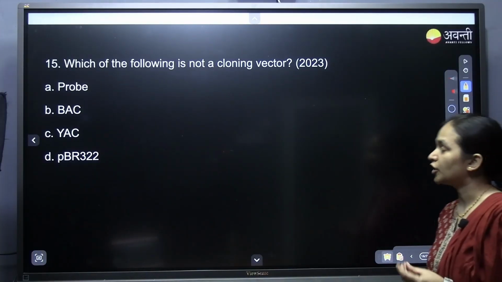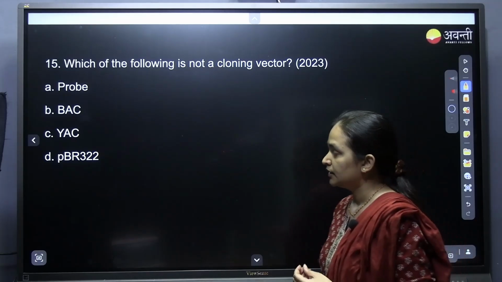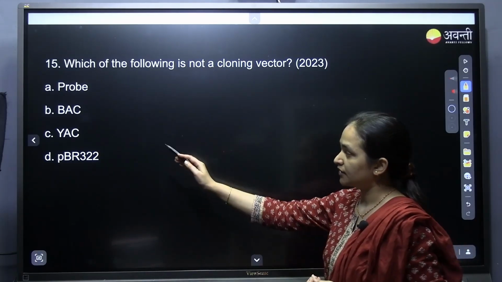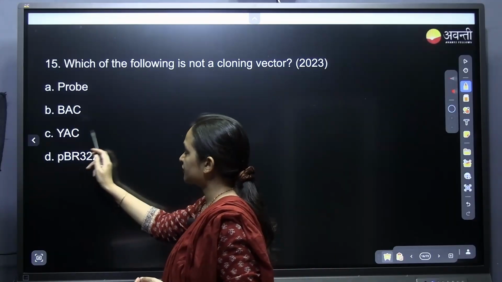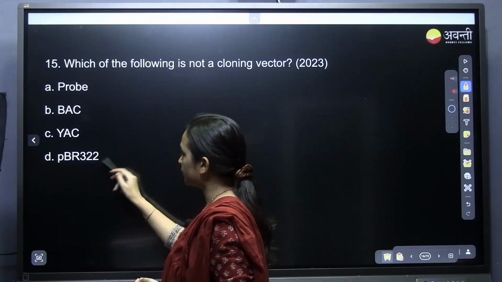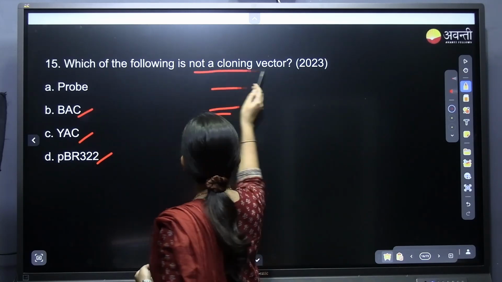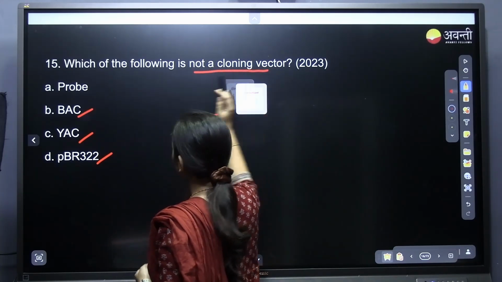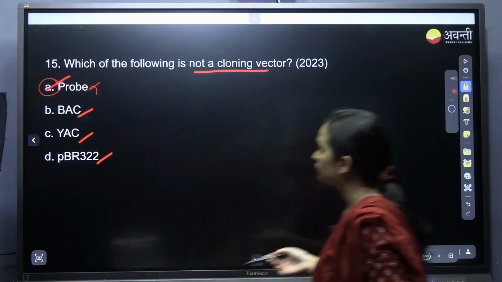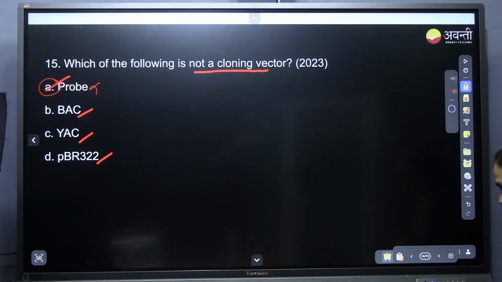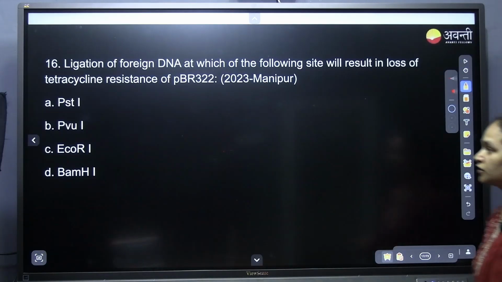Which of the following is not a cloning vector? Bacterial artificial chromosome, yeast artificial chromosome, pBR322, all are cloning vectors, but probe is not a cloning vector, isn't it? Probe is not a cloning vector.